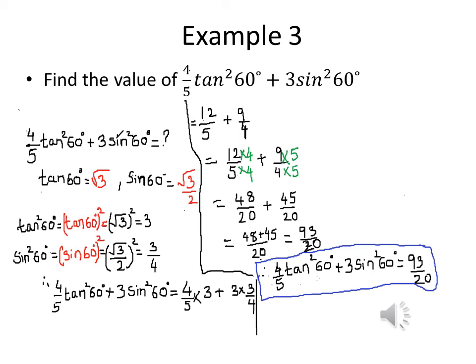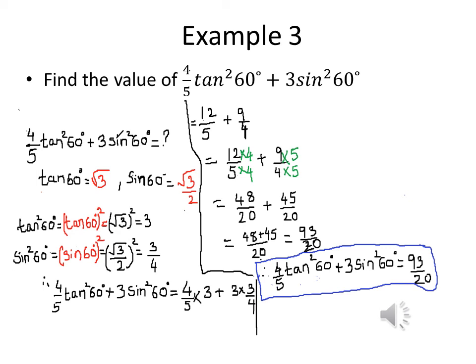So substituting the values in the equation that they have asked us to find, 4 upon 5 tan square 60 plus 3 sine square 60 equal to 4 upon 5 into 3 plus 3 into 3 upon 4, which is 12 upon 5 plus 9 upon 4. We take LCM because the denominators are different.